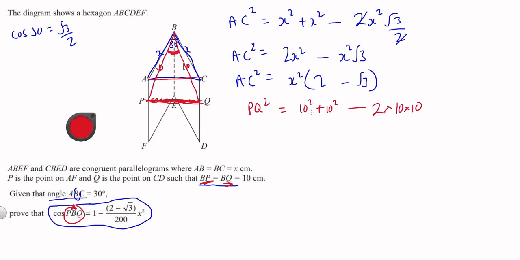Those are the two arms, the 10 and the 10. It's the cosine rule, so it's cos PBQ. Remember, this is what I'm after. Ultimately, I want to show that this cos PBQ comes out like this.